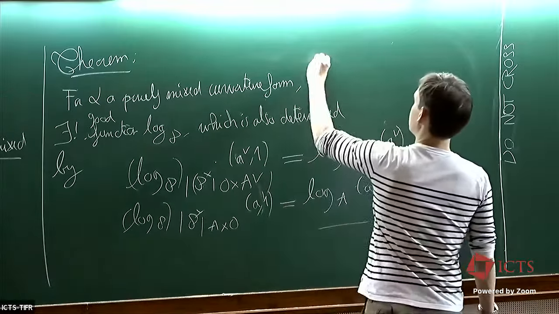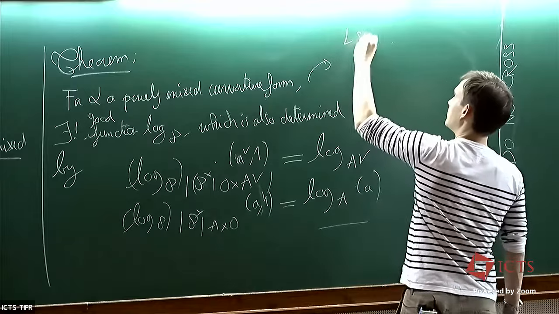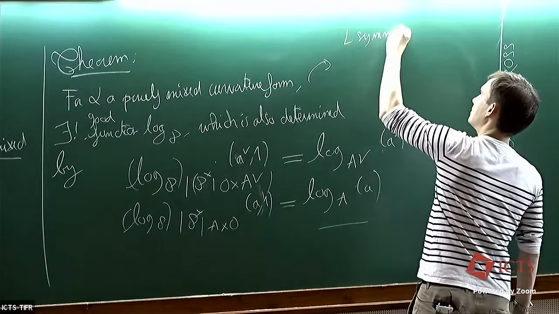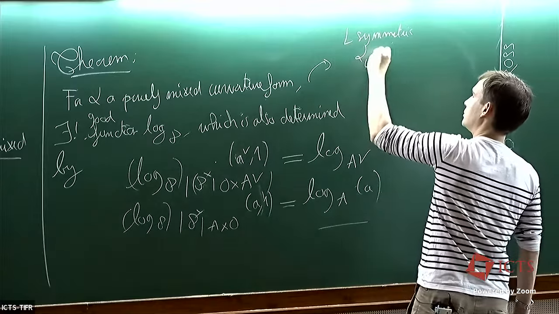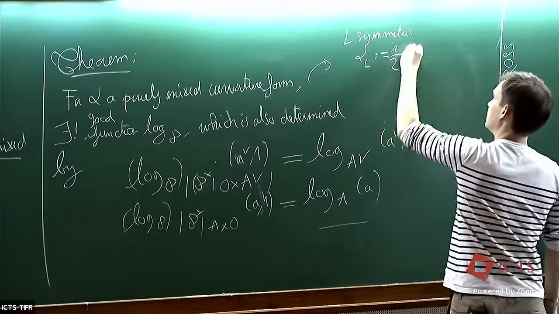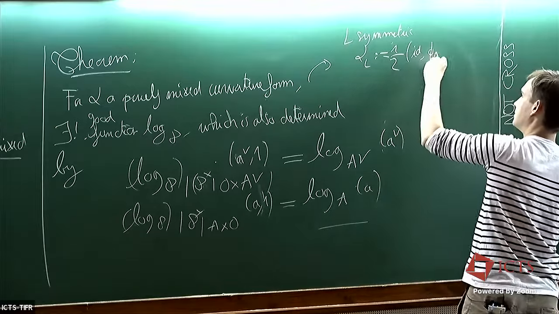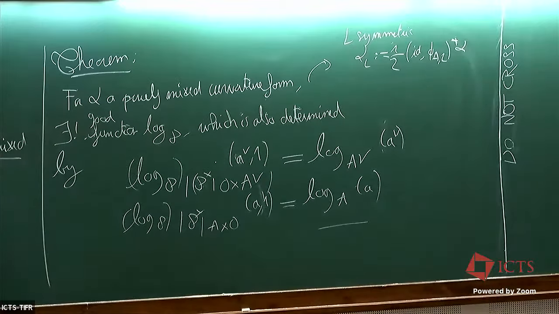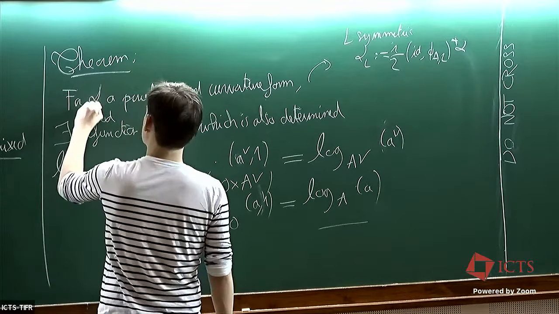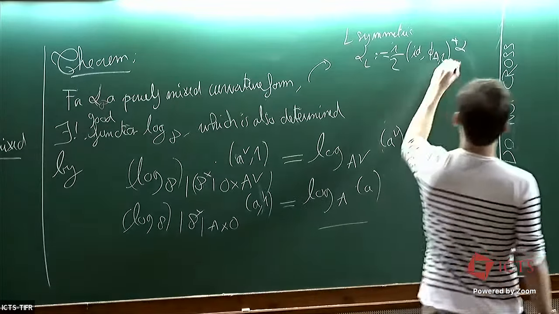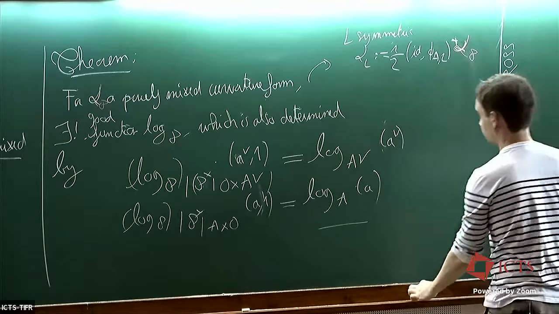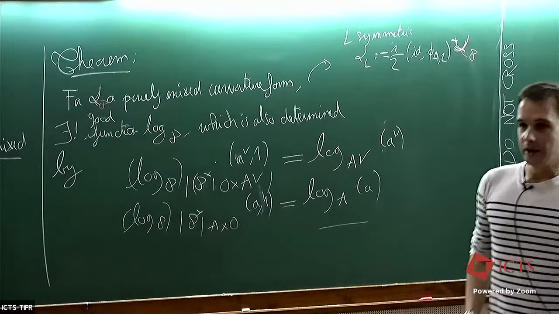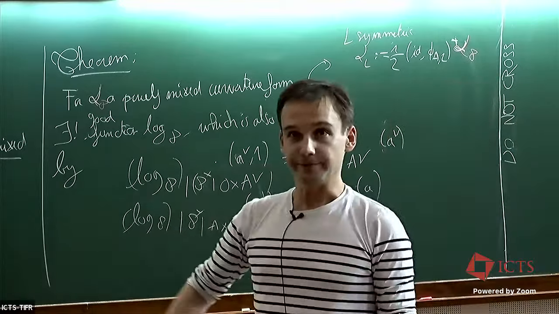Now, for any L symmetric, alpha L will be half of this pullback. Call this alpha P. In other words, you have only this choice to make.